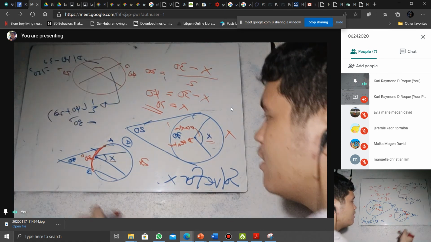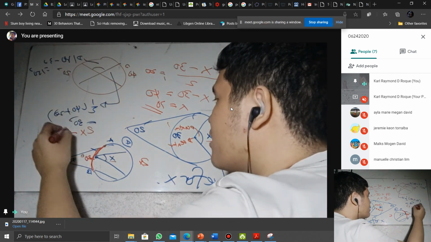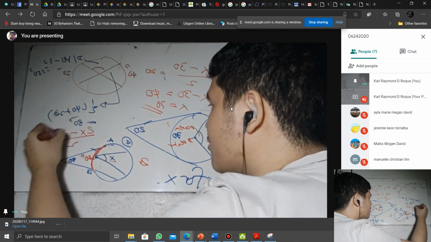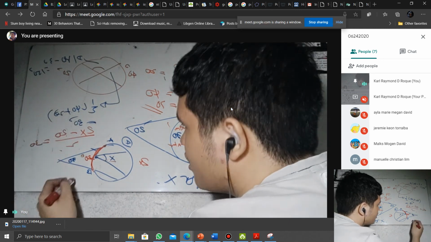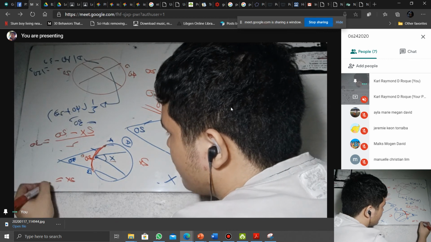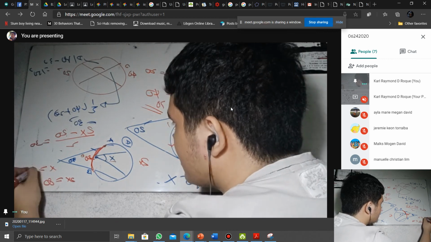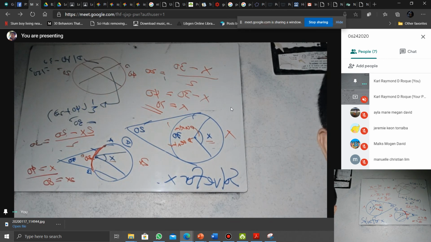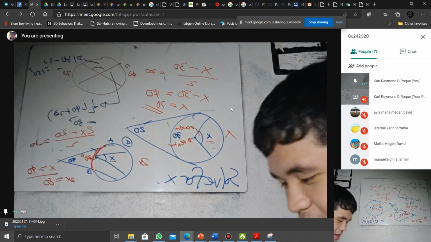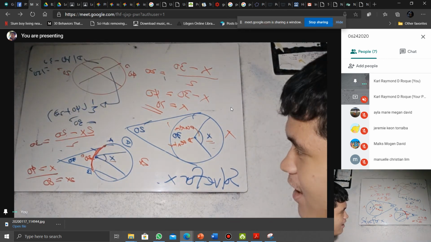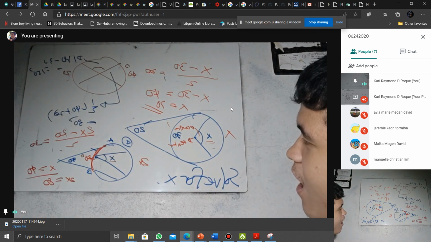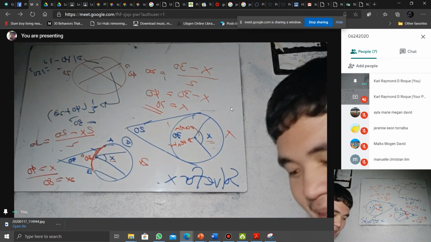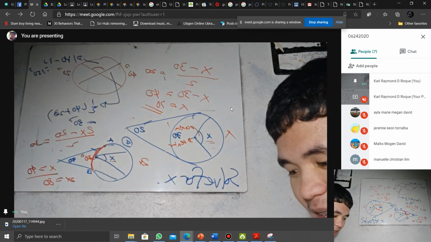So, using the formula, 2x minus 20 over 2 equals 30. 2x equals 80. X equals 40. Nagets ba, guys? Yes or no? Gets po. Okay. O, sige.